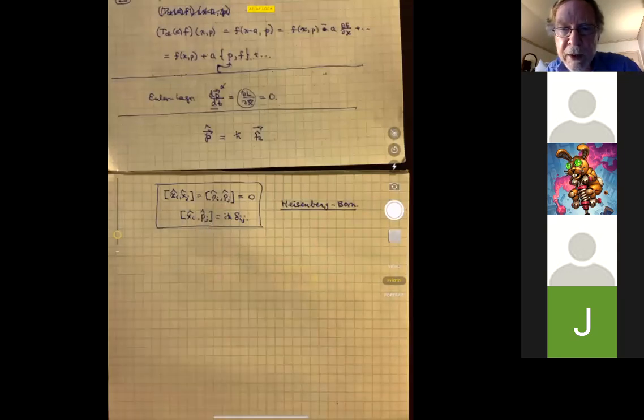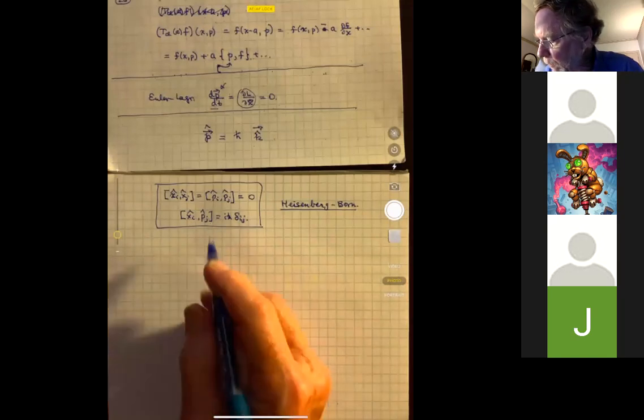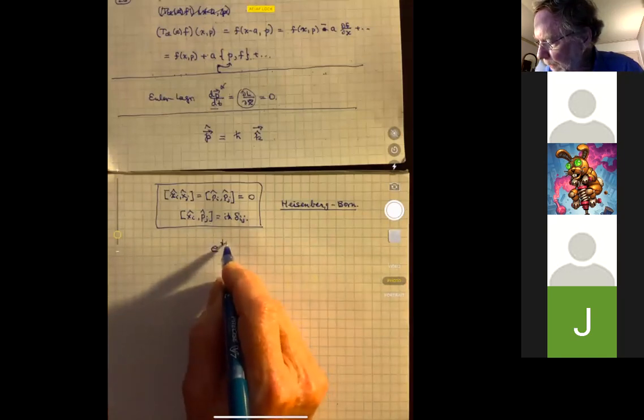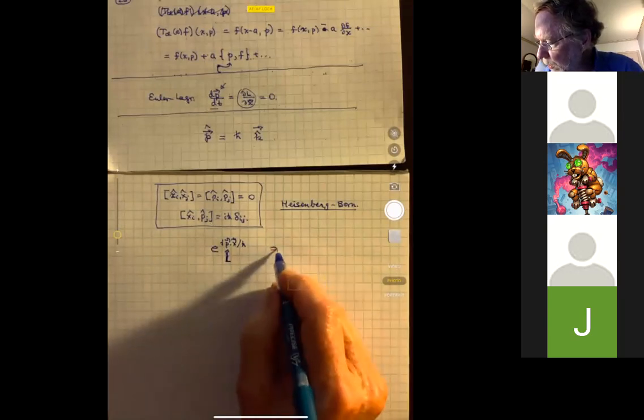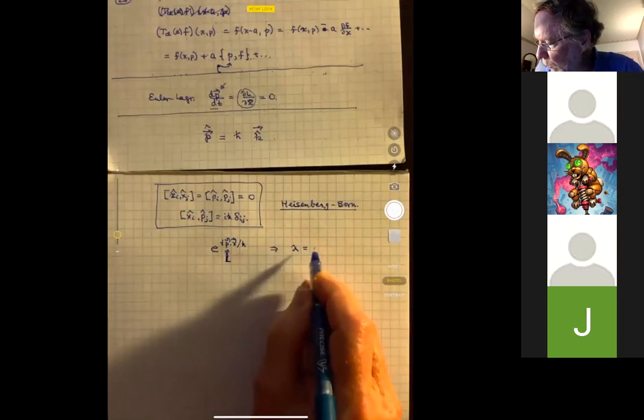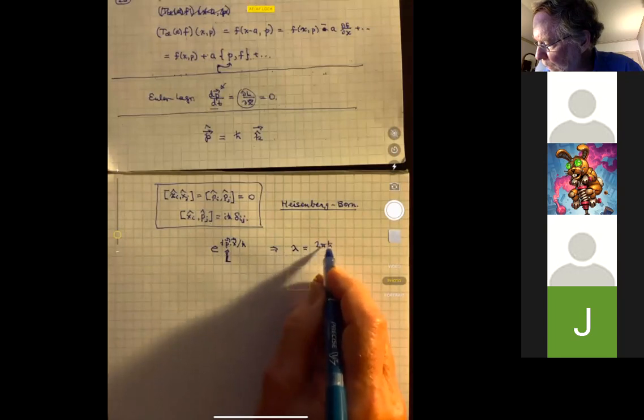In any case, one of the consequences of the position momentum formalism, which emerges from this, which I'm not going to go over in detail because you've seen it already in your earlier course, is that an eigenstate of momentum, of course, is a plane wave. It's e to the i p dot x over h bar, where the p now without the hat is the momentum eigenvalue. And this implies that there's a wavelength, what we call the de Broglie wavelength, which is 2 pi h bar divided by the magnitude of the momentum.